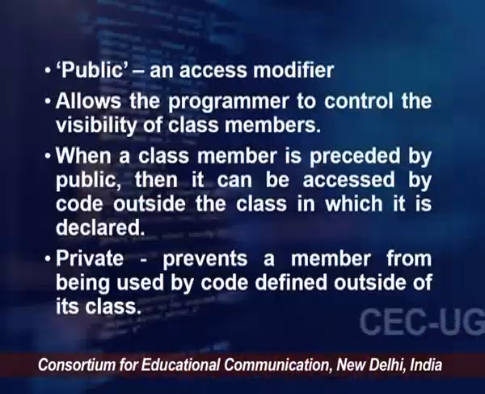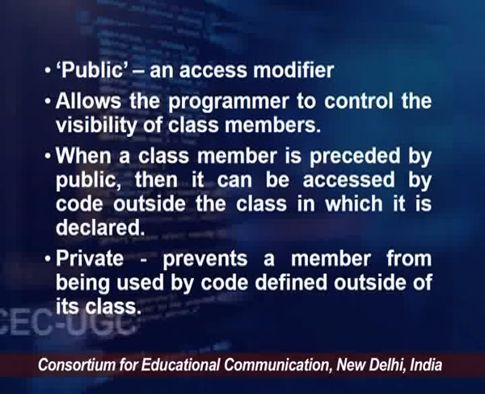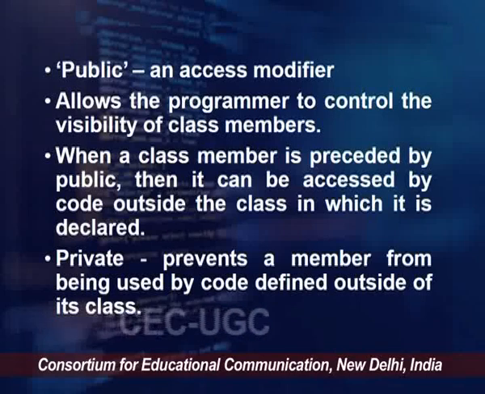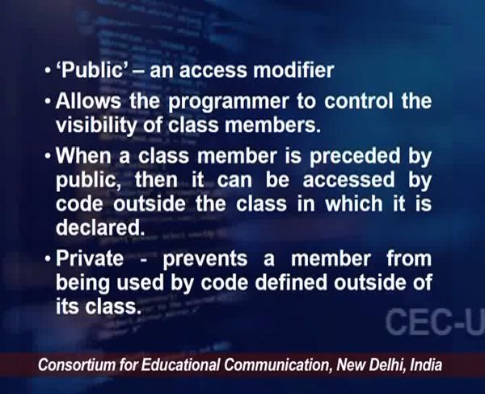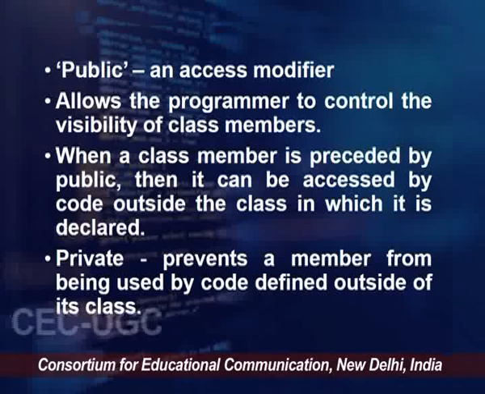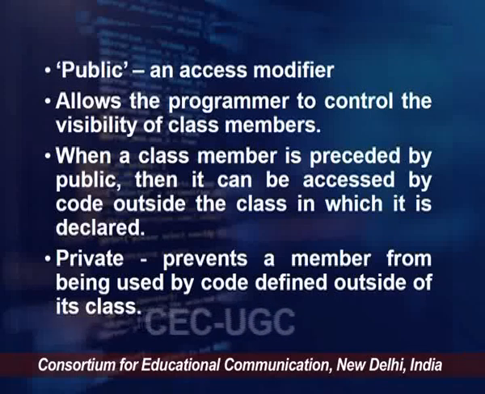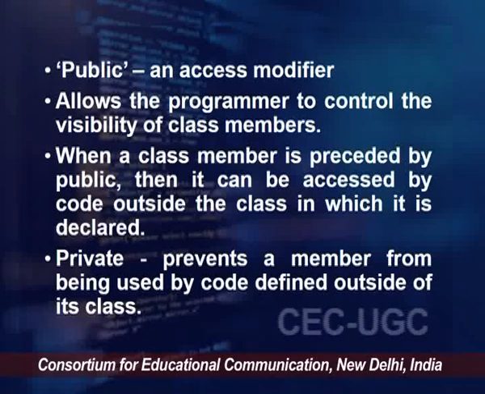So when any class member, here I am talking about the function main, is preceded by public, that means that particular member can be accessed by code which is outside the class in which it is declared.